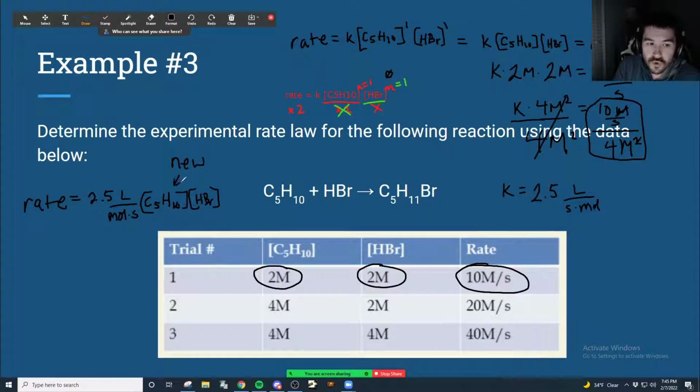They're going to give you new initial concentrations, and they're going to ask you what is that initial rate. All you have to do is plug them into the rate law that you have developed given all of this data. That's it. I think at the end of the day, that should get you through everything you need to be able to do for those problems.